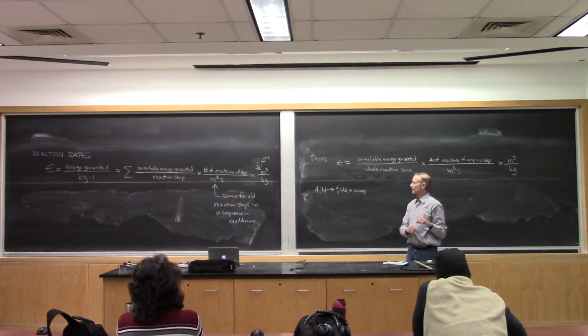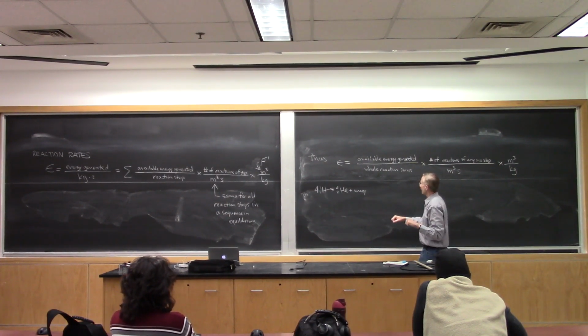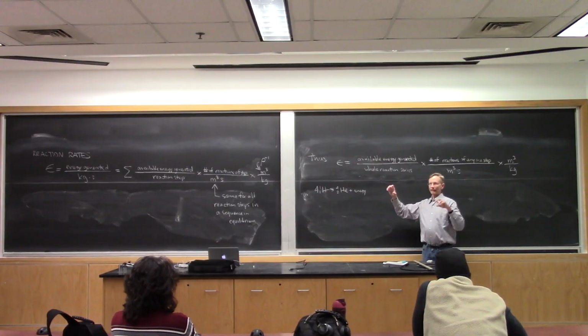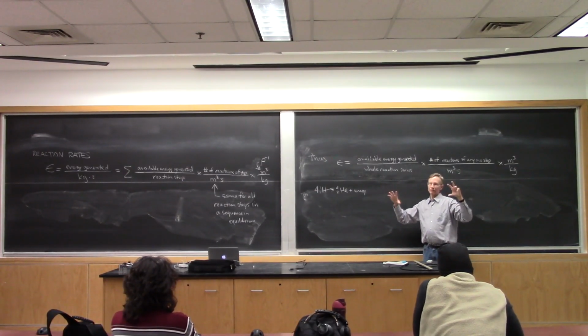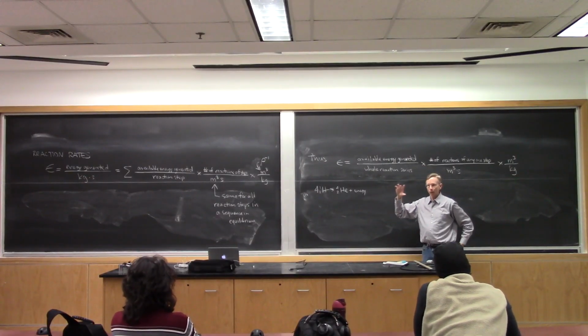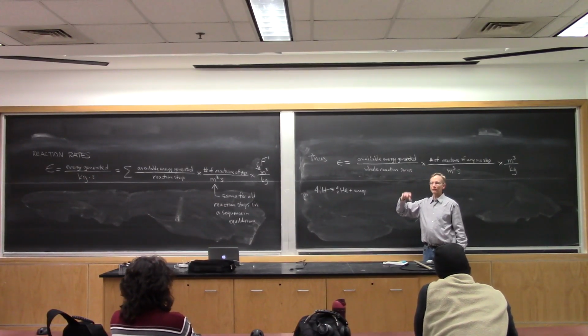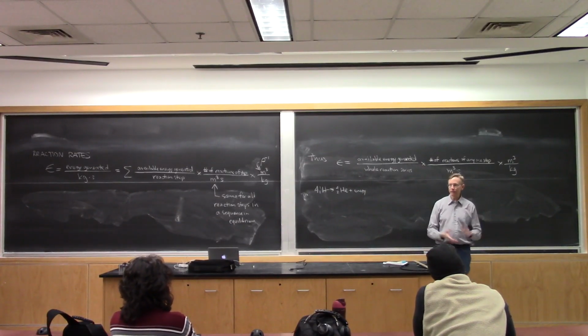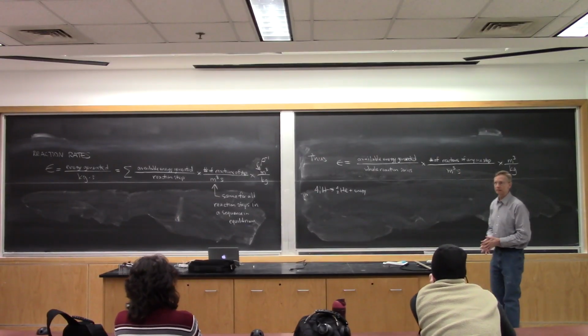And so then I can just turn that into, how much energy am I getting from the whole sequence per cubic meter per second? How many times does the whole sequence happen per cubic meter per second? Because that's the same as how much each step happens per cubic meter per second. And then I add all the energies together. So it's okay.